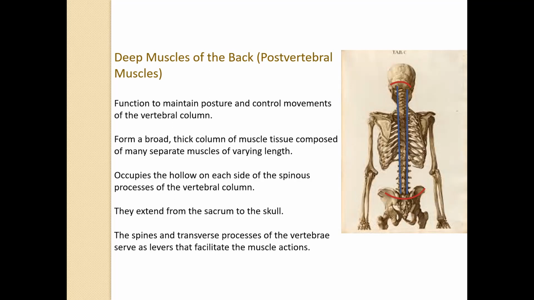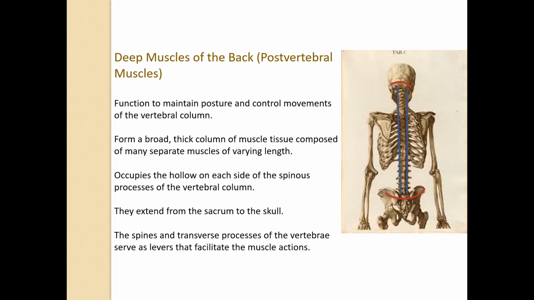I have previously said that these muscles are arranged as thick columns of muscle groups. Each individual muscle can be regarded as a string, which when pulled on causes one or several vertebrae to be extended or rotated or flexed on the vertebra below. Because these muscles have variable length, they have variable sites of origins and insertions.